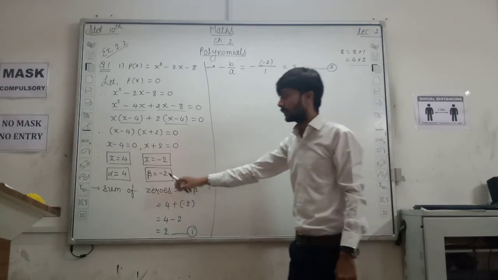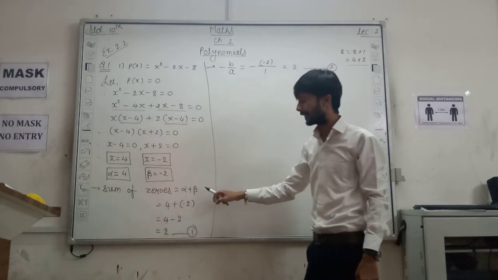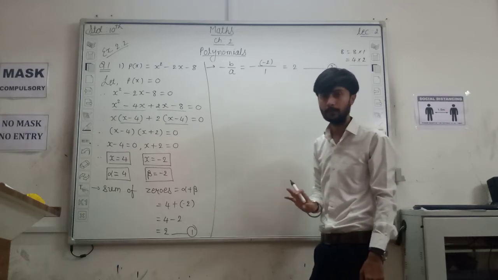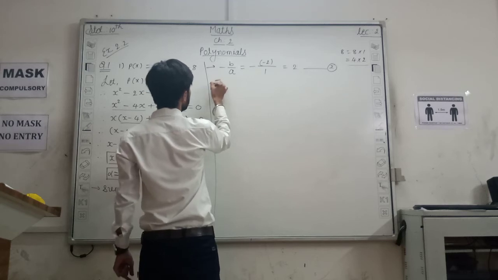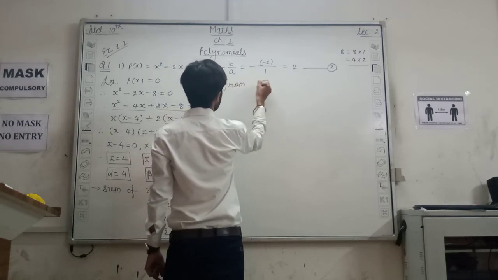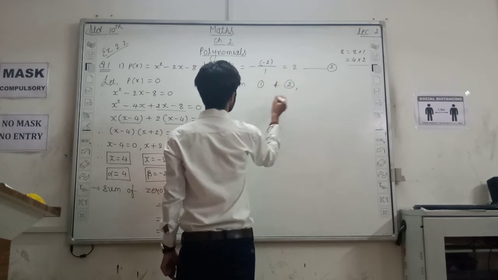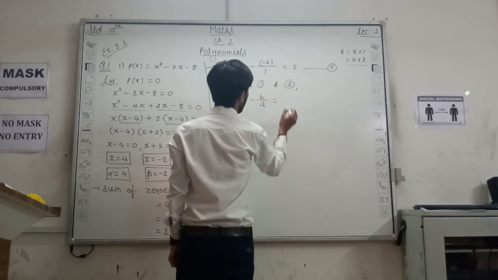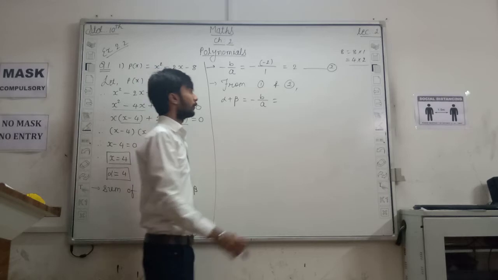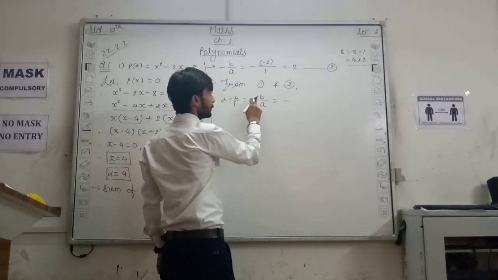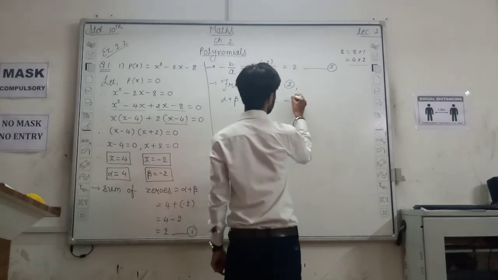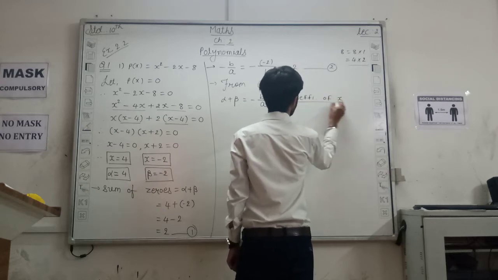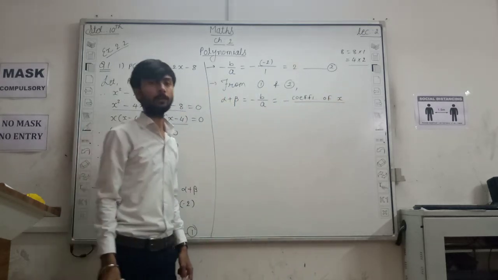Okay, we have the zeros alpha and beta. The addition of those two gave the sum, and the formula also gives the same answer, which means it is verified. So from 1 and 2, alpha plus beta equals minus b upon a, and we also have to write here coefficient: minus as it is, b is the coefficient of x, upon a, that is the coefficient of x square.